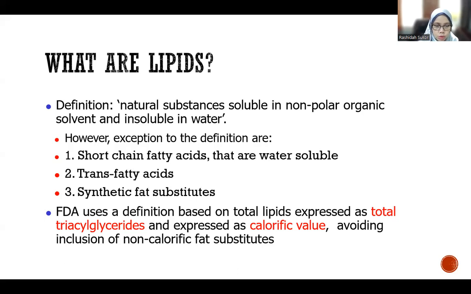Then we have to choose what kind of solvent we are going to use. So if we want to extract out the lipid component, which is a non-polar component, from a plant or from a food, we have to use a non-polar solvent. If you Google, you can see a lot of solvents that are being used, but the most effective one will be the non-polar.